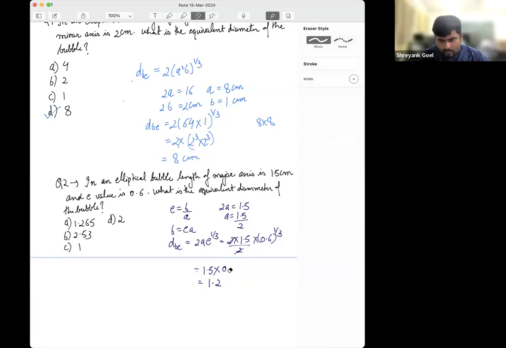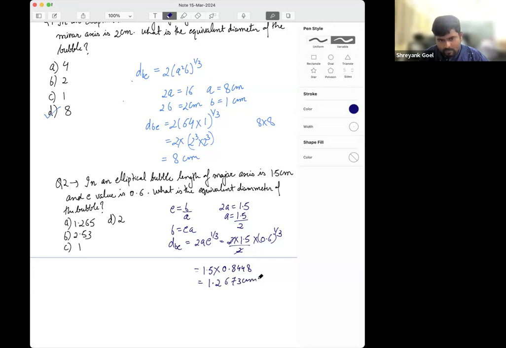It is 0.8448, and so it is 1.2673 centimeter. So this is the answer. Okay.